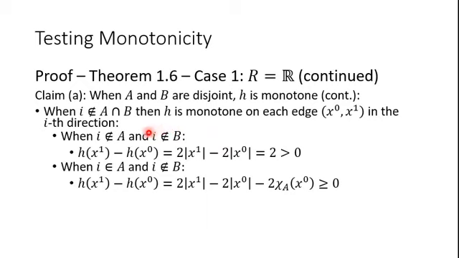So what other option do we have for i not in the intersection of A and B? Another option is when i is in A, but i is not in B. In this case, once again we plug in all the details just as before, but the difference is that we're still left with the term for chi_A(x0). Why is that?